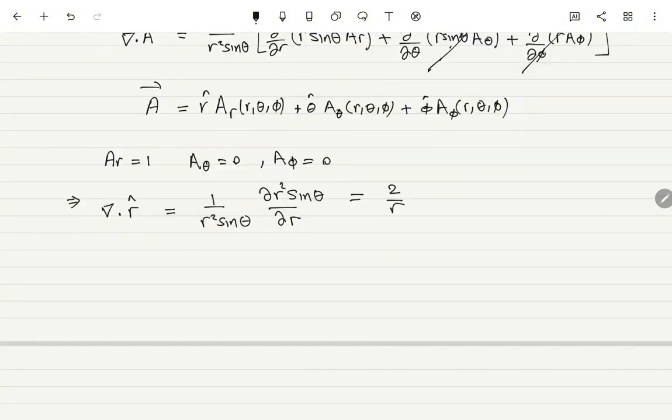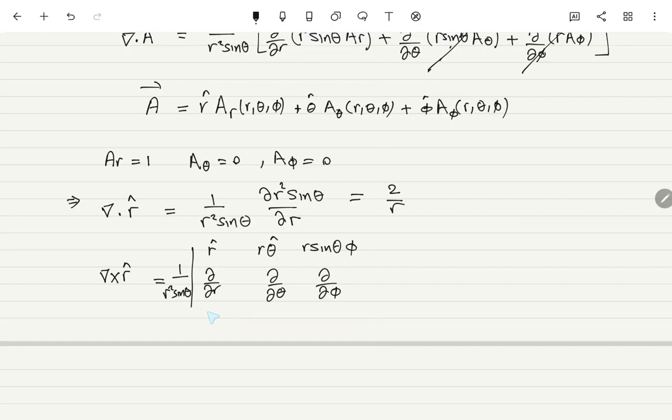Again, if you would like to find curl of r hat using the definition of the curl with A r, A theta, and A phi, it will be equal to 1 over r squared sine theta times the determinant with r hat, r theta hat, r sine theta phi hat, then partial r, partial theta, partial phi.